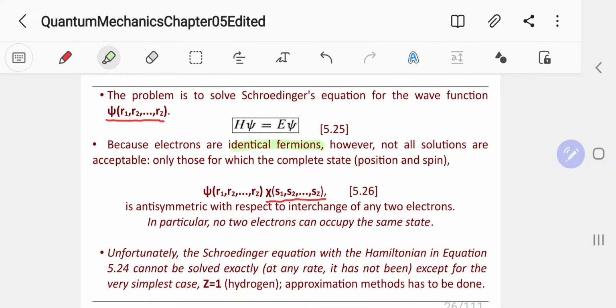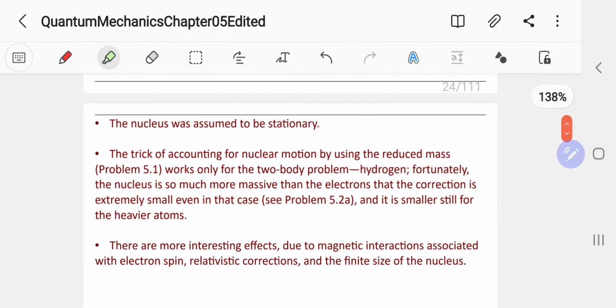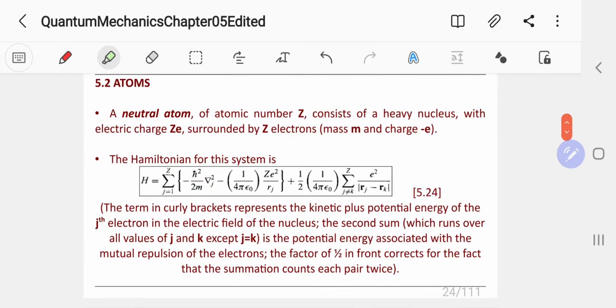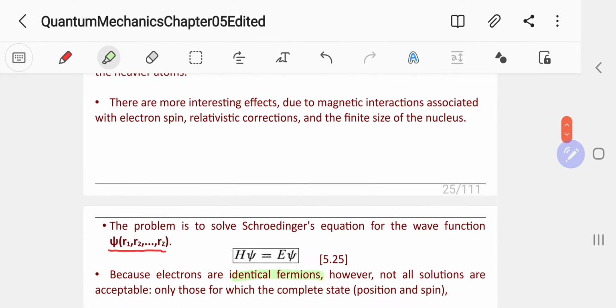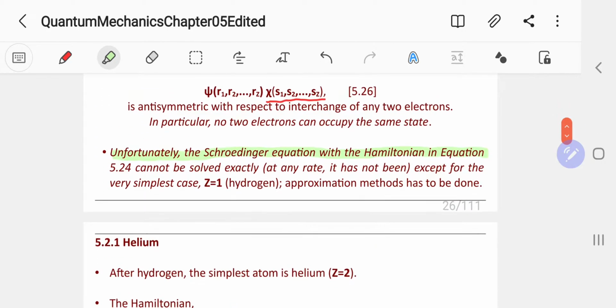Here's a note. Unfortunately, the Schrodinger equation with the Hamiltonian, equation 5.24, cannot be solved exactly at any rate, except for the simplest case, Z equals 1 for hydrogen.